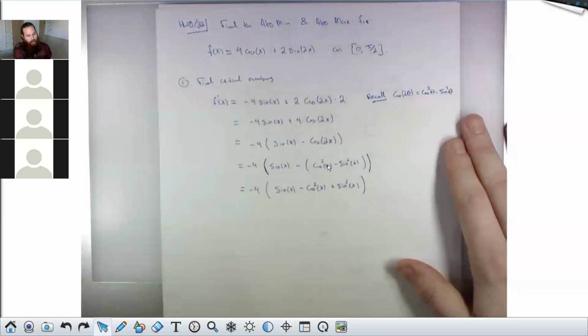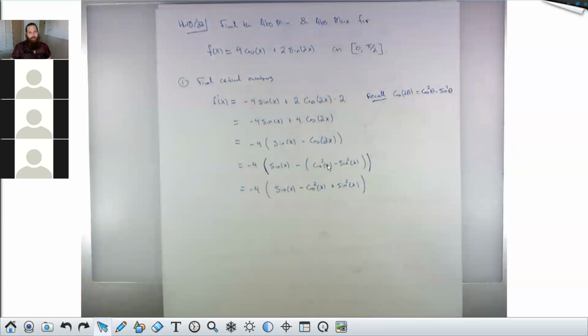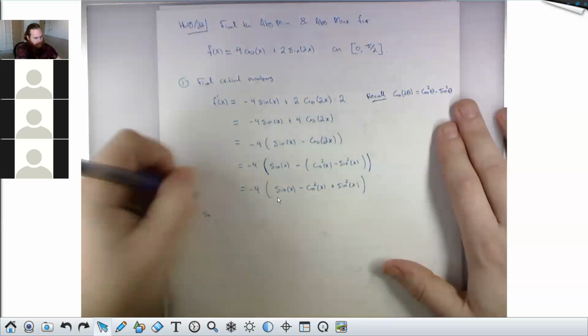And my goal is to figure out where this is equal to 0. So there's one more thing I need to do. If I wanted to solve this equaling 0, I would like to get rid of the cosine here. I'd like to get everything in terms of sine. So let me step aside here.